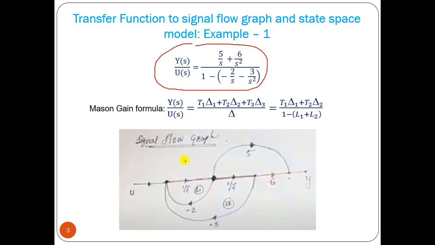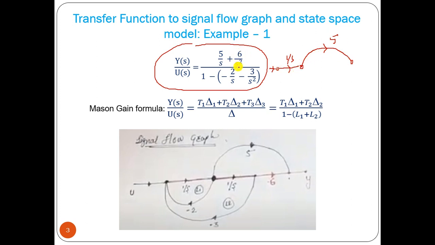From this transfer function we can draw the signal flow graph. We take one node, then another node. This is your input, and here we have the output node. The transfer function can be written with a 1 by s branch, multiplied by gain 5, so this forward path gain is 5 by s.